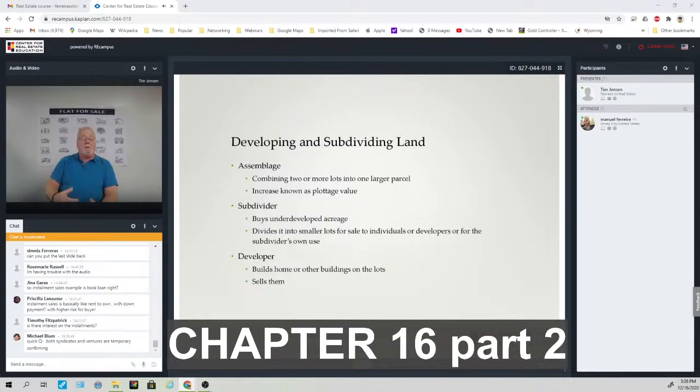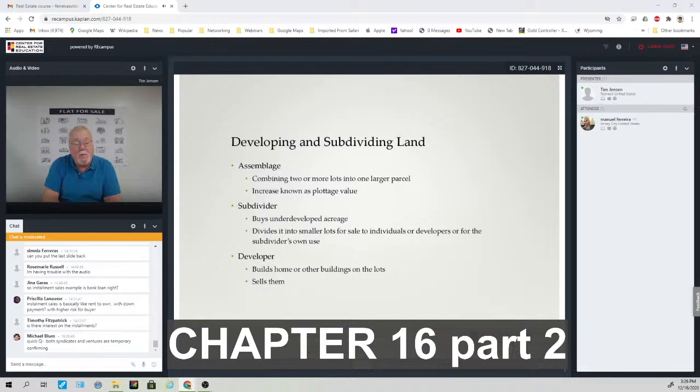Then that developer subdivides all the lots into individual parcels, let's say housing lots, and then sells those to the builders and to end users. And by selling individual lots, he increases his profit geometrically as those lots are sold, especially in areas where acreage is hard to come by.